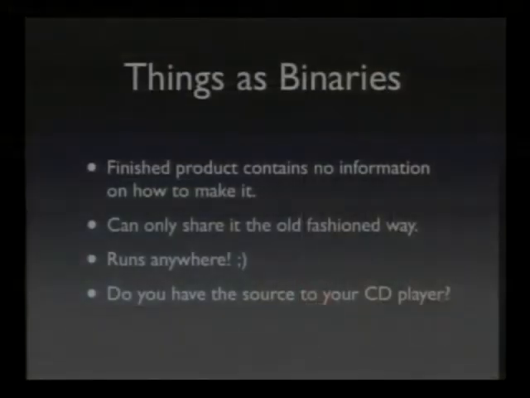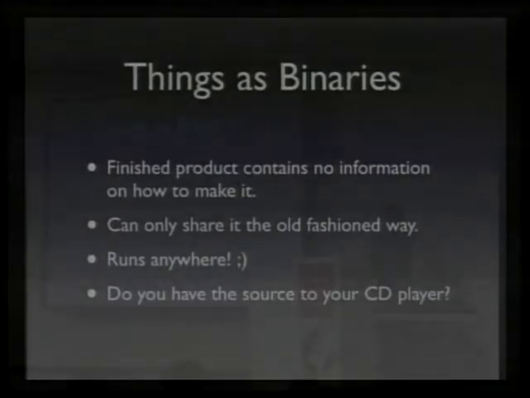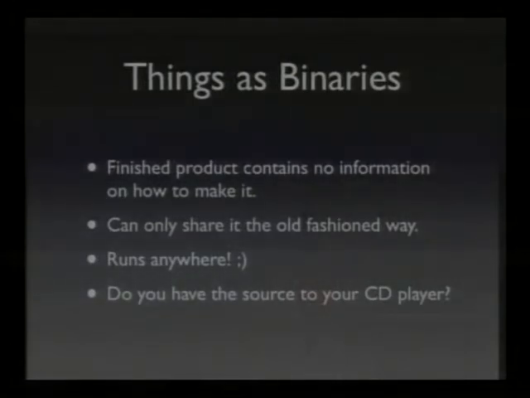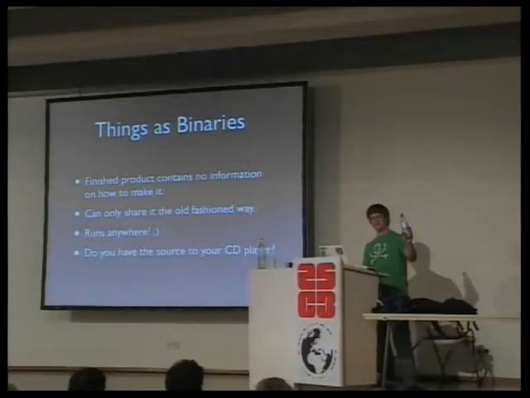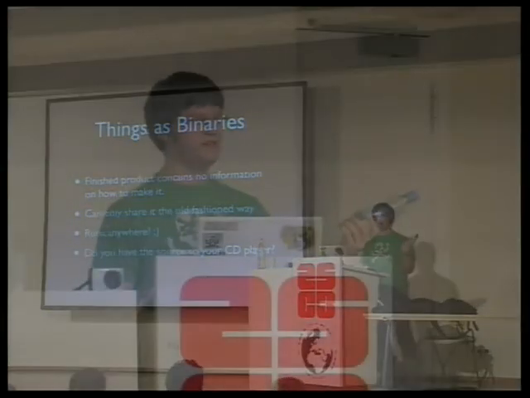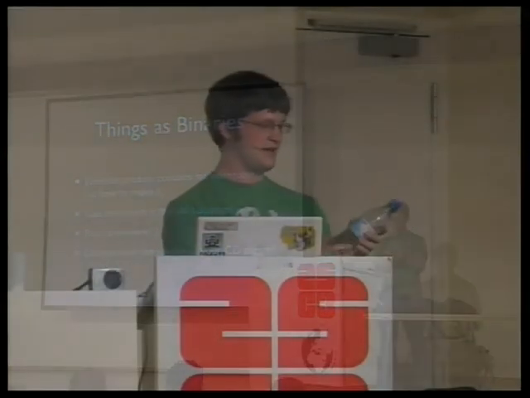And finally, I like to think of the actual physical things you can hold in your hand, like a bottle that holds this water, as the binaries. Sorry. This finished product doesn't contain any information on how to make it. All you can see is some general hints about how it was made.